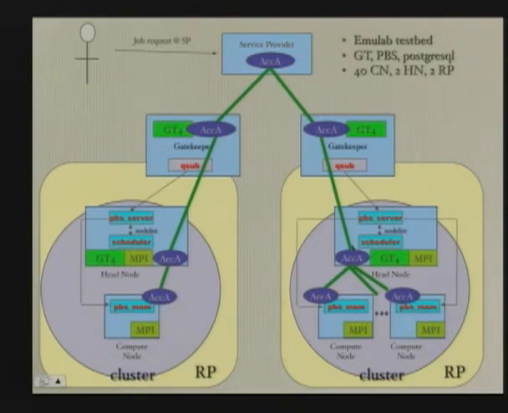One job is first submitted to the service provider, and then it comes to one of the head nodes, and then is divided into 30, 35 compute nodes here. And then each compute node executes its assigned job to generate a huge amount of packets to the head node here, or request overloaded page requests to shut down the head node here.